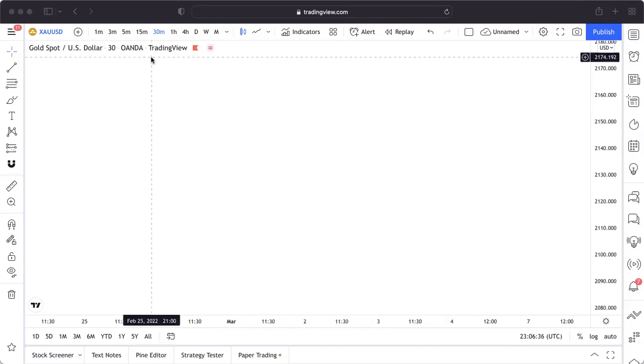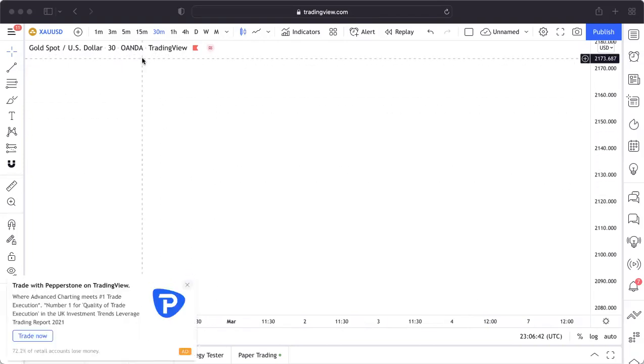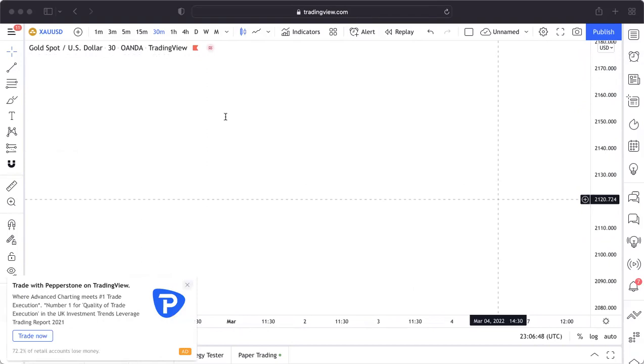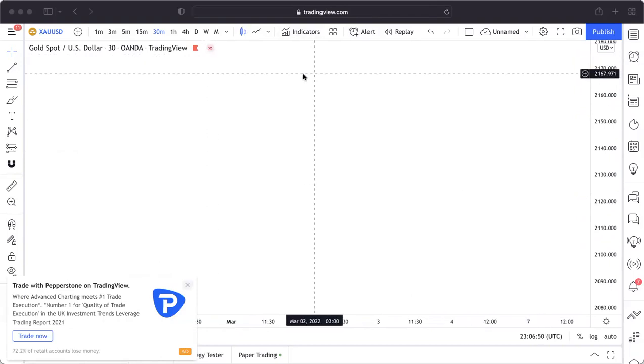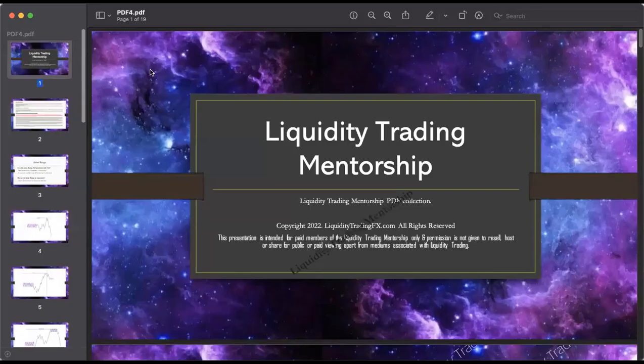One second, guys, I will figure this out. Can you guys see the PDF? Just give me some feedback if you can see it.